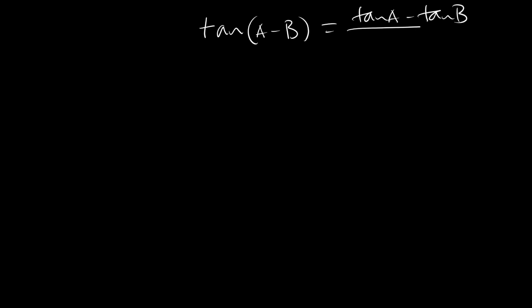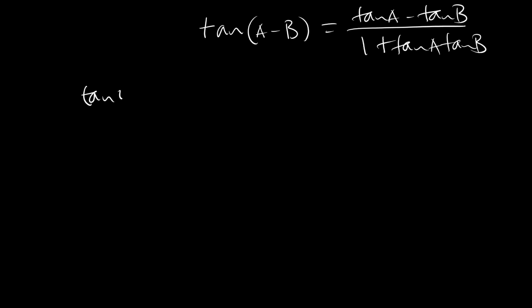Okay, you have a tangent of a minus b, right? That's the same as tangent of a minus tangent of b over 1 plus tangent of a tangent of b.